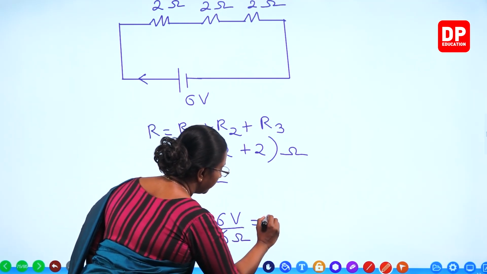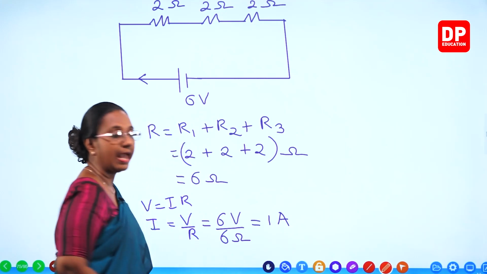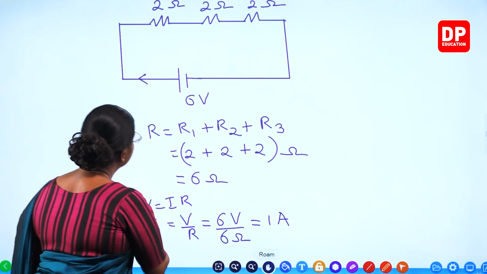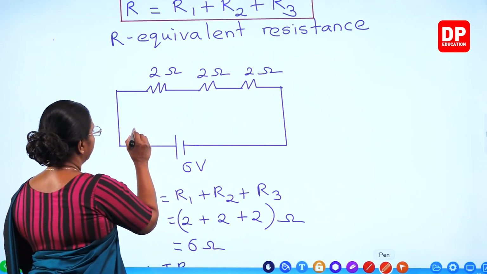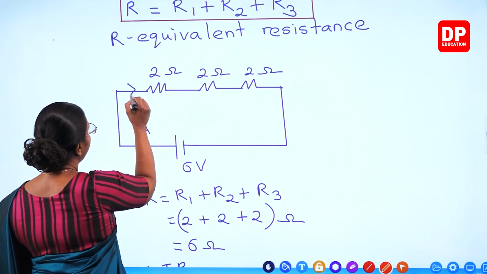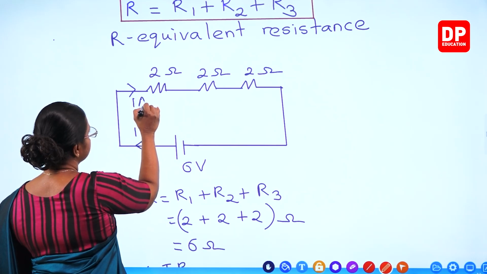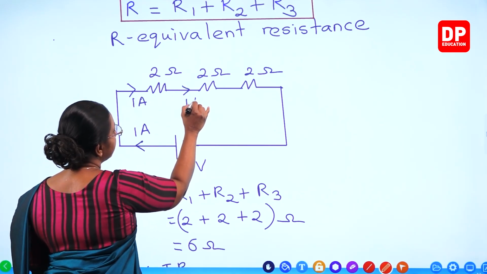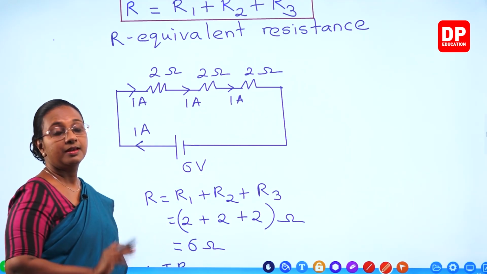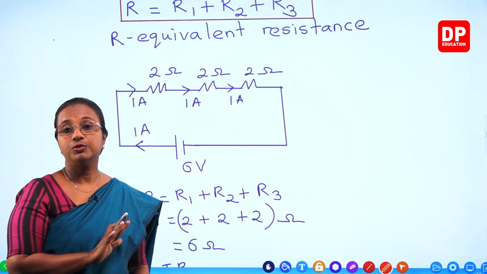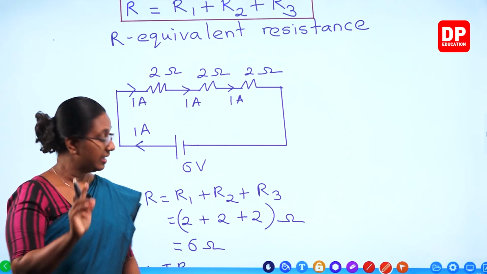So current is going to be 1 ampere. And this particular 1 ampere current will flow through all the resistors. Through this also 1 ampere, through this also 1 ampere. The same current will flow through all the resistors.